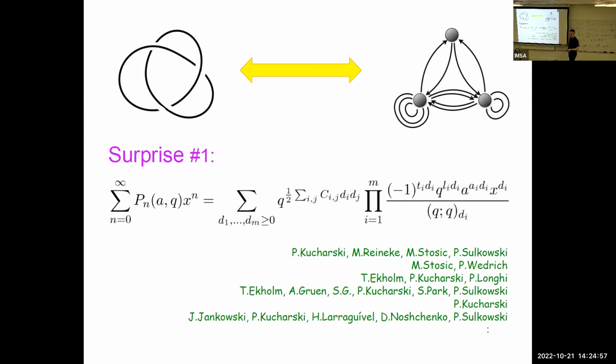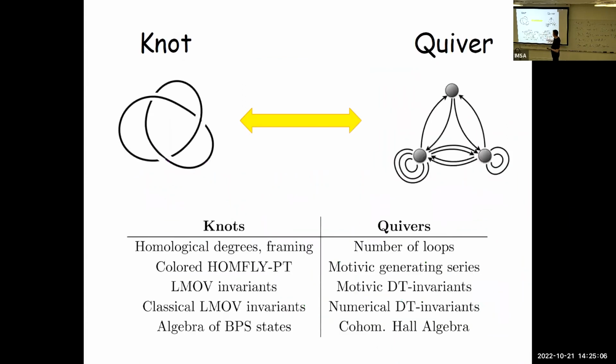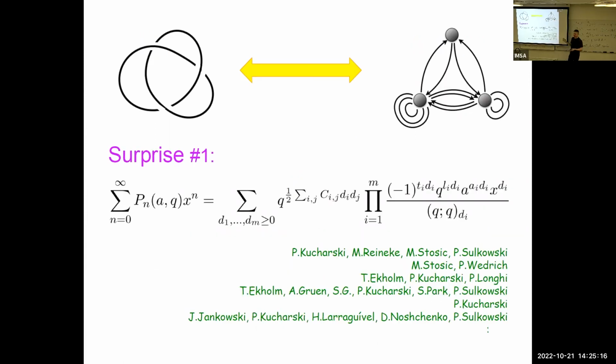It's not that people were trying to redo the developments of the 80s, not at all. It was developed completely independently, using enumerative DT-type algebras, for example homological Hall algebras, representations of these quivers. They had different intentions, and they didn't know beforehand that the answer would turn out to be the same.